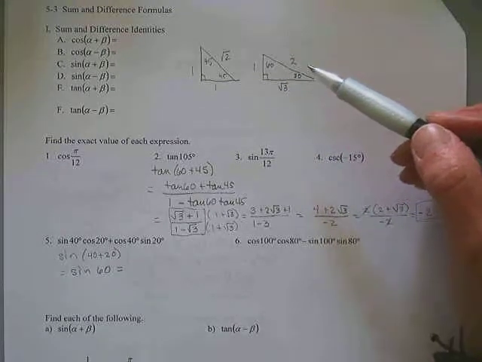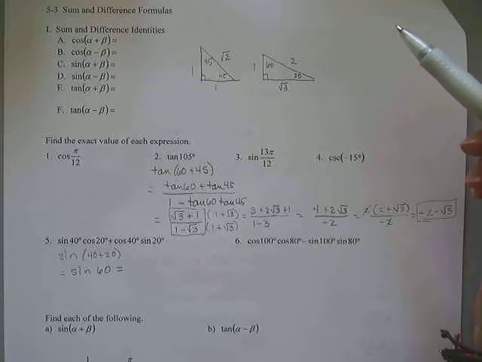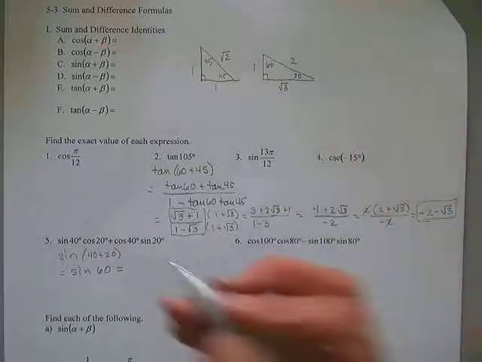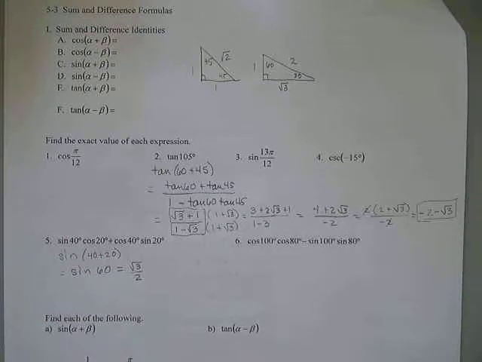And this is the definition of the sine of 40 plus 20, which is equal to the sine of 60. And since I already have these special triangles on my paper, I look, and what is the sine of 60 degrees? It would be square root 3 over 2. Yep.